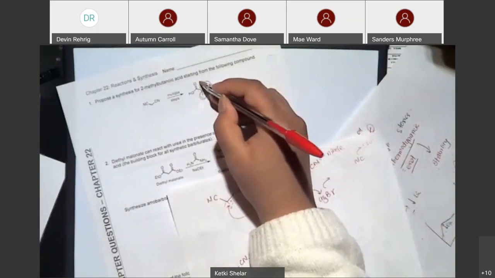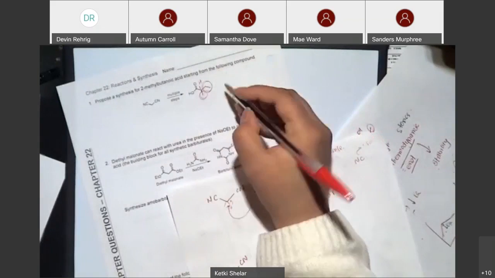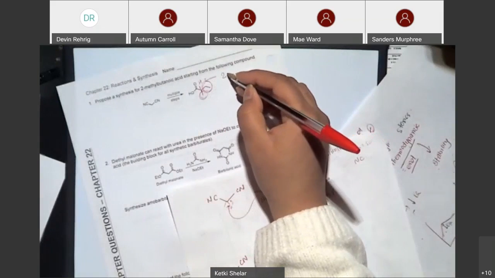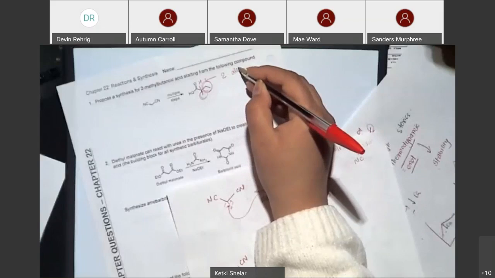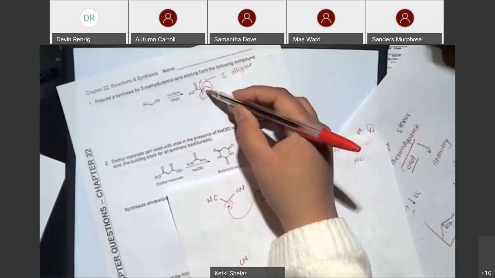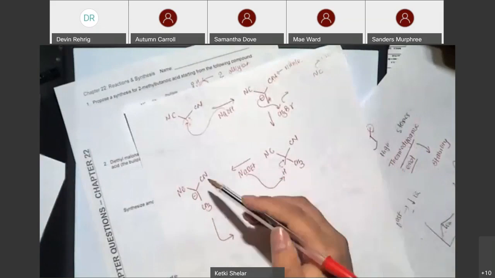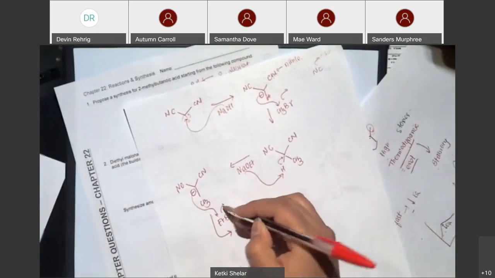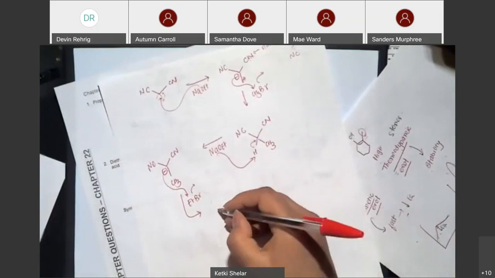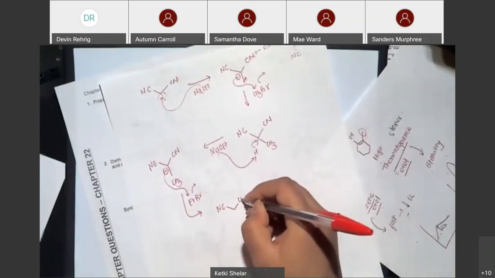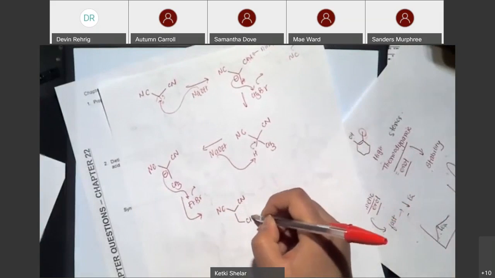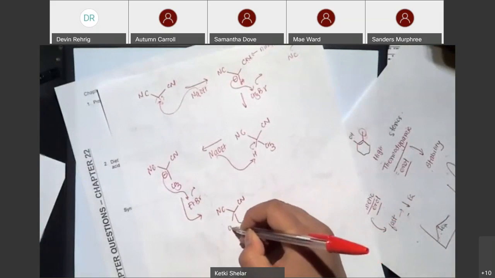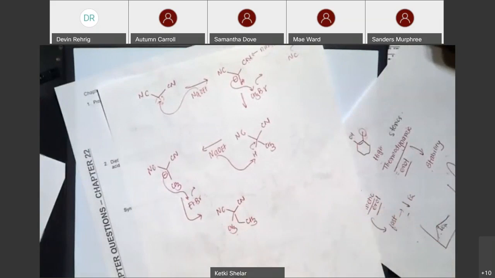As we see here, there is one hydrogen present. One hydrogen means what? Two times alkylation. So the next alkylating reagent should be ethyl bromide. Same procedure, ethyl bromide and this CH3.